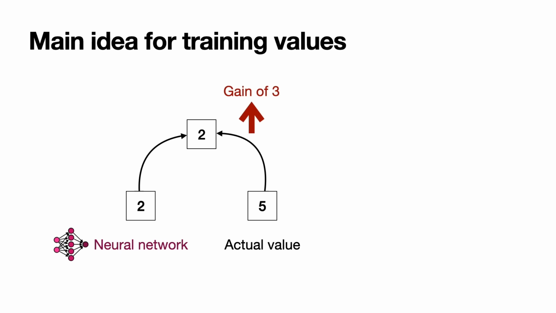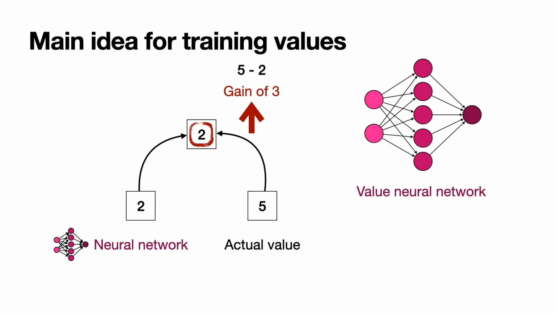The gain here is 3, which is the actual value minus the value the neural network thinks. And in order to tell the neural network to increase this 2, that gain is going to become a loss function that gets fed into the neural network. Again, I'll be more specific about this loss function in a little bit. But for now, think that we're going to use the gain to tell the neural network to increase this value of 2, and then maybe it'll make it higher, like a 2.1.